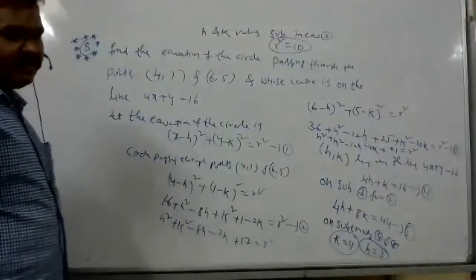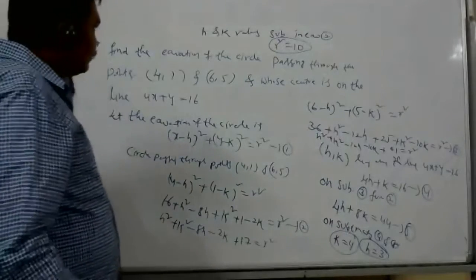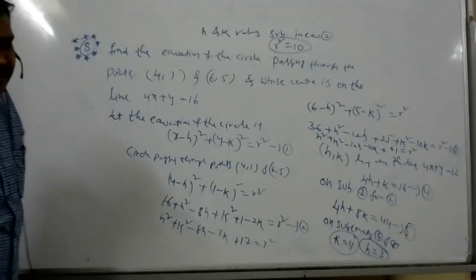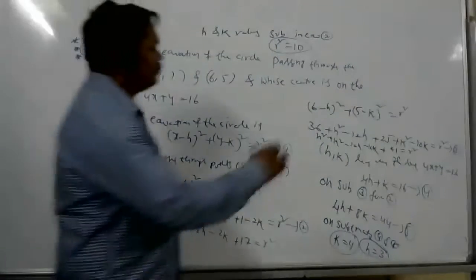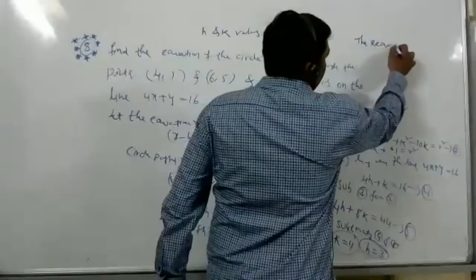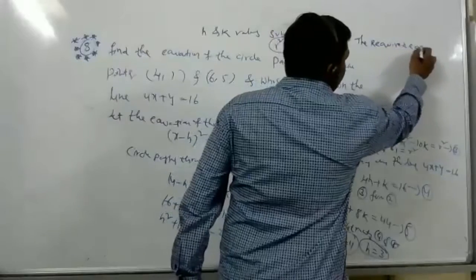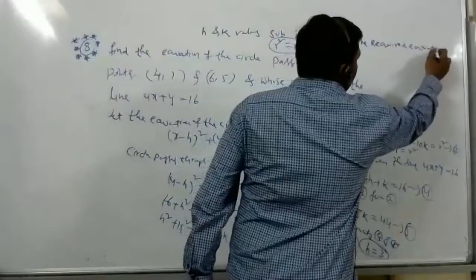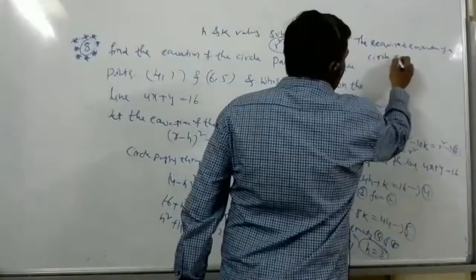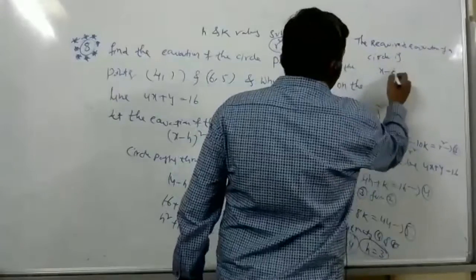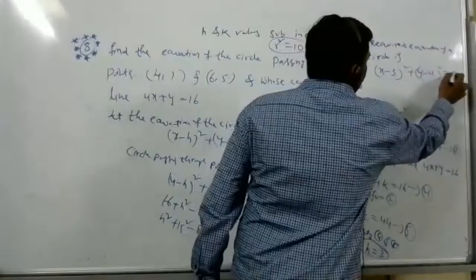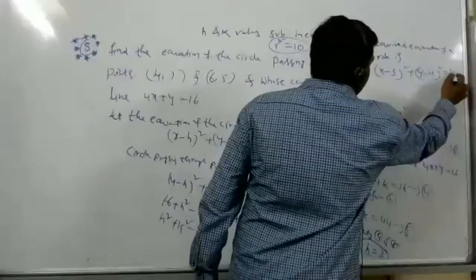Now the required equation of the circle. The required equation of a circle is (x minus 3) whole square plus (y minus 4) whole square is equal to r square, where r square is 10.